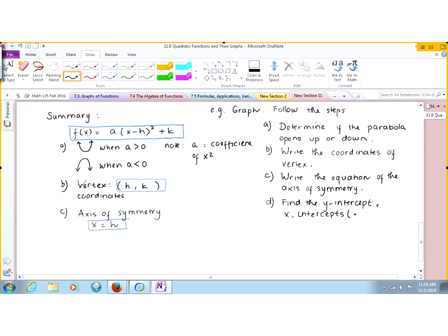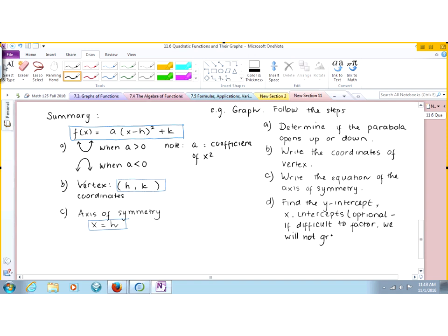So I'm going to write down, sometimes it's difficult to factor. So optional. I'm going to write a note here: if the expression is difficult to factor, we skip finding the x-intercept.